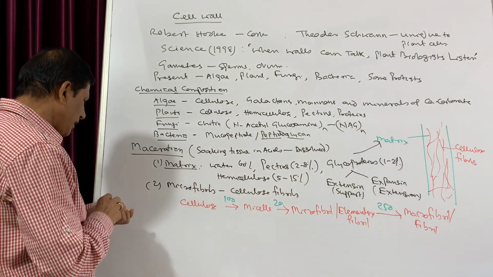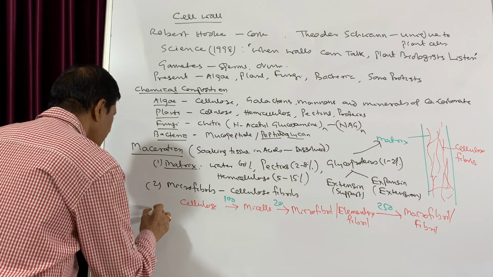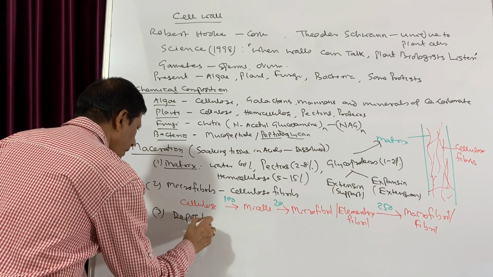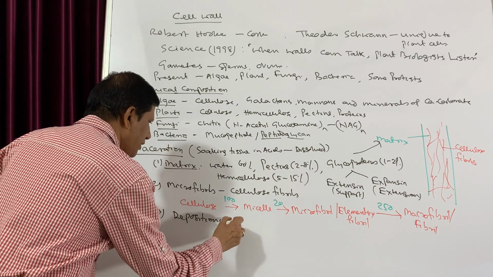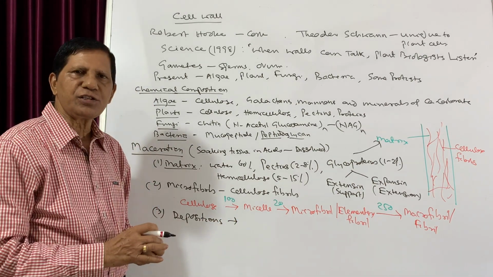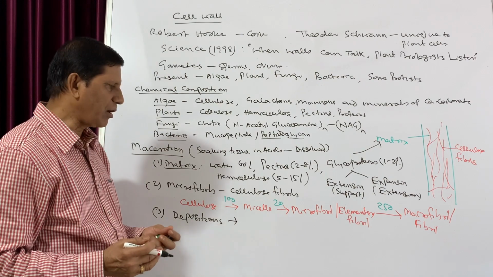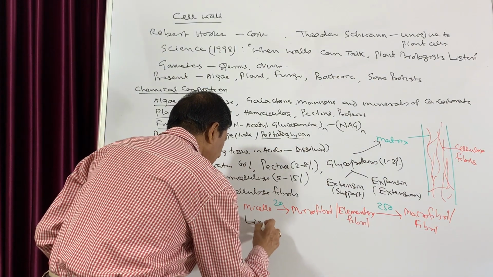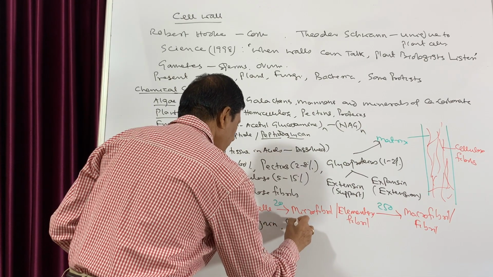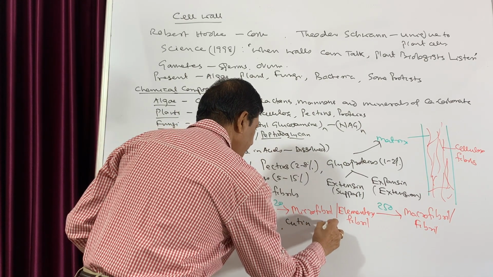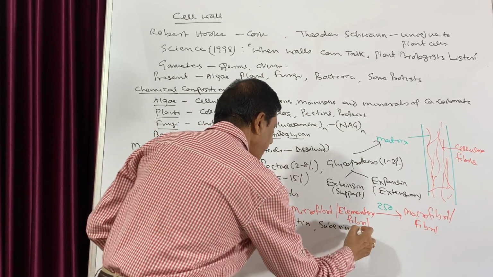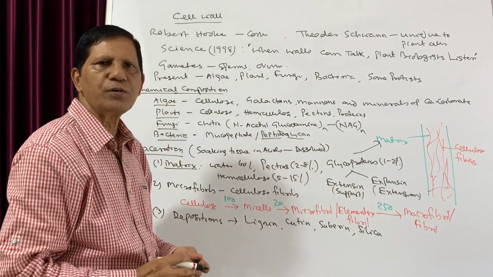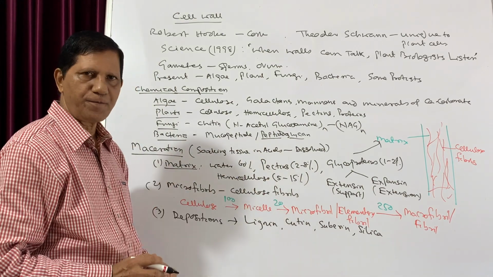So the third one is depositions. Now, if the cell wall is mature and permanent, then there will be different types of depositions, and depositions may be lignin, cutin, suberin, or even silica, depending upon what type of cell and where it is present.